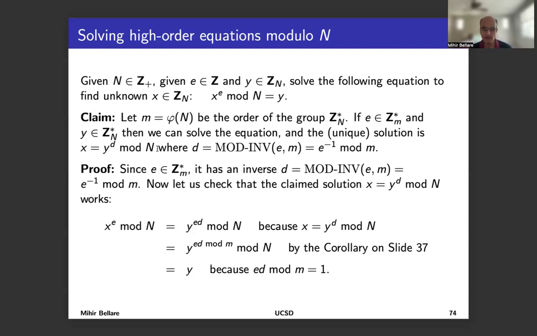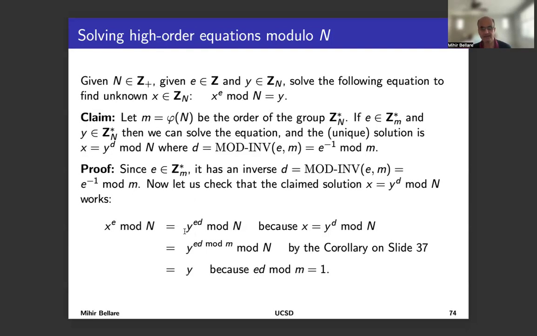Why would this work? Well, once someone gives it to you, it's actually not hard to check, right? So we're going to show that it works as follows. We're just going to compute x to the e and see we arrive at y. So let's compute x to the e mod n. Well, we know that we set x to y to the power d.